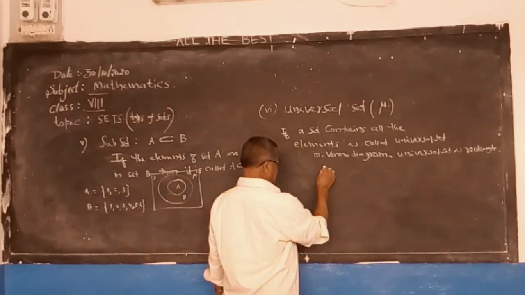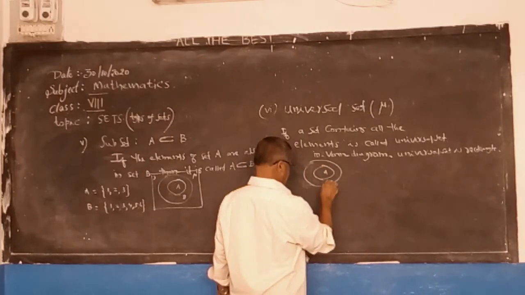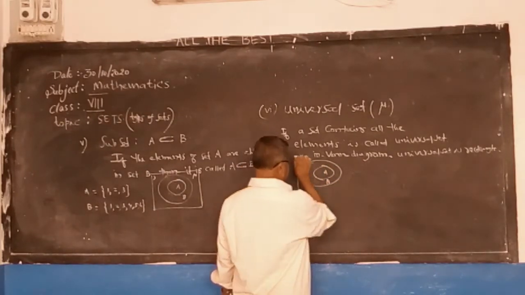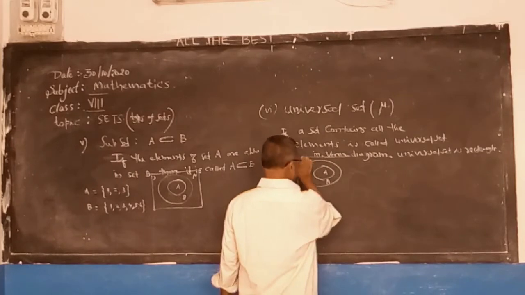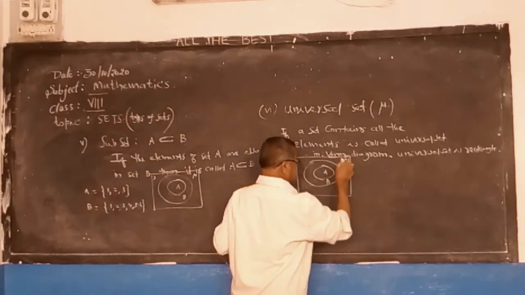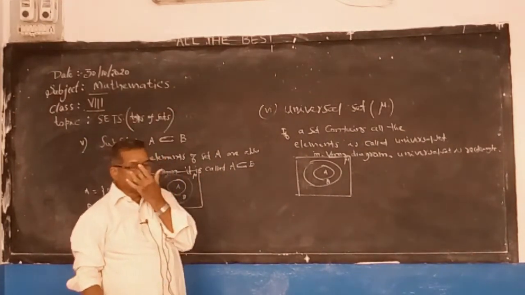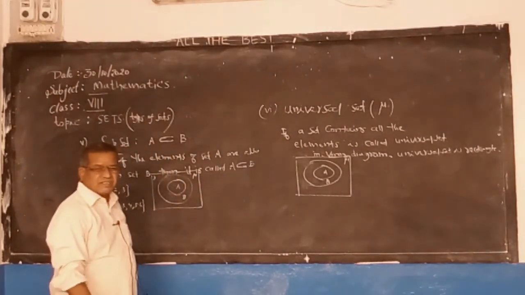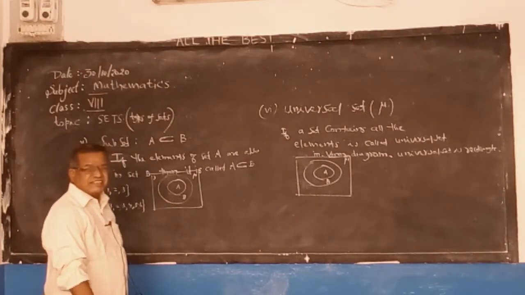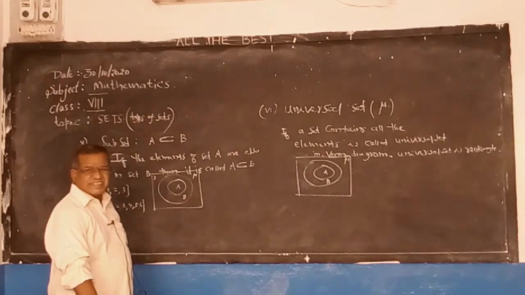See set A, set B. They are shown in the rectangle. The rectangle is the universal set nu here. The rectangle is the big one. All Alpha institutions means it contains all the branches, so we say it is a universal set.